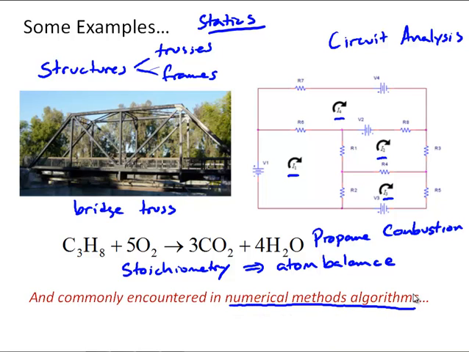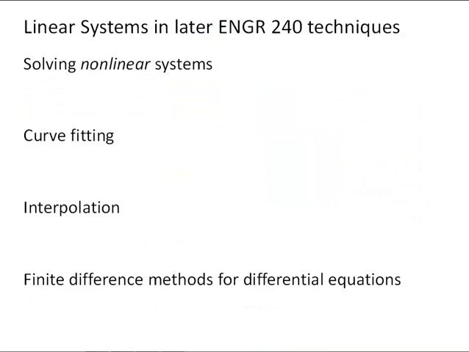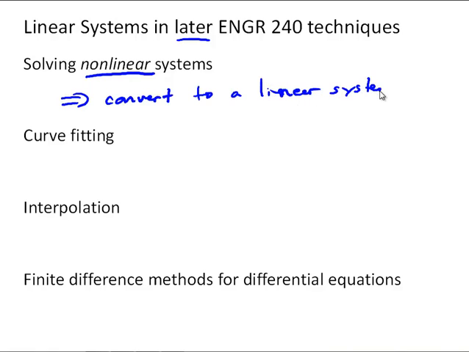And let's look at a couple examples here. Some of the places that we will encounter linear systems later in Engineering 240 include solving nonlinear systems, where we will basically convert a nonlinear system to a linear system to solve.